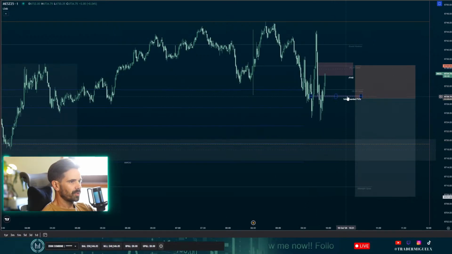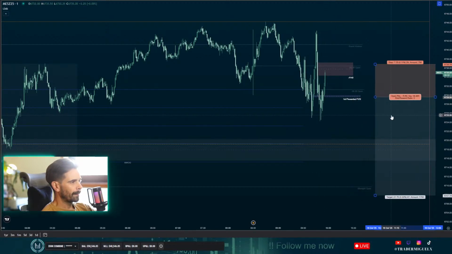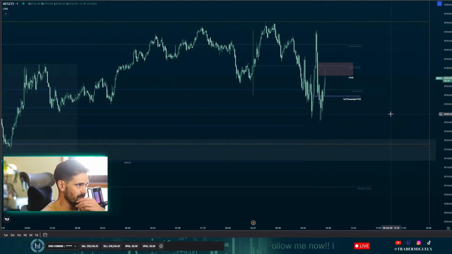Yeah, not liking how price is acting here. Seems like it wants to go for another run to the upside. I'm glad I did not short it around here. So I will give it some more time.